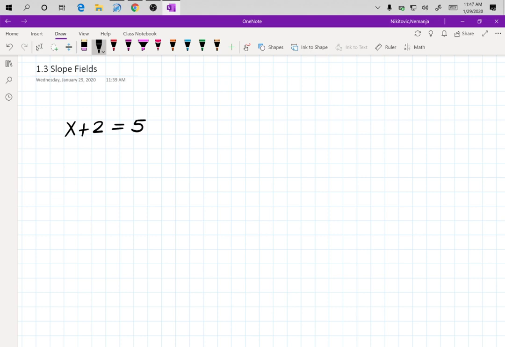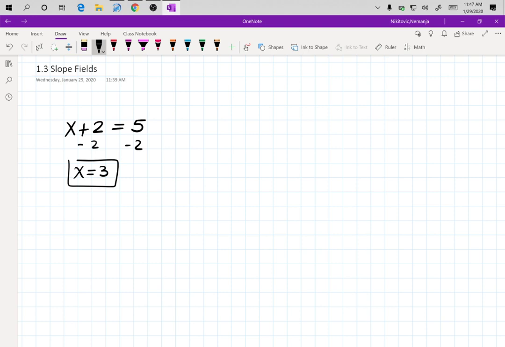Hopefully we can all solve this. What would be the way to solve it? Yes, good. You subtract 2 on both sides, you get x equals 3, you box that as the answer because 3 plus 2 is 5, and you walk away. This is what you all know, hopefully.